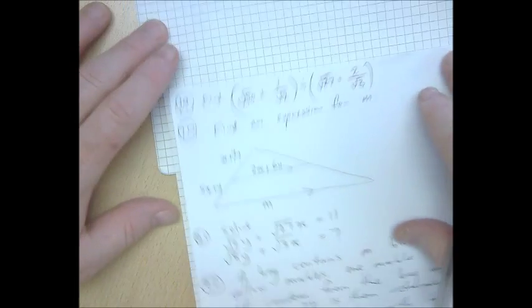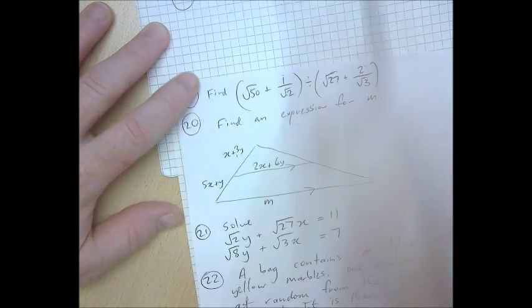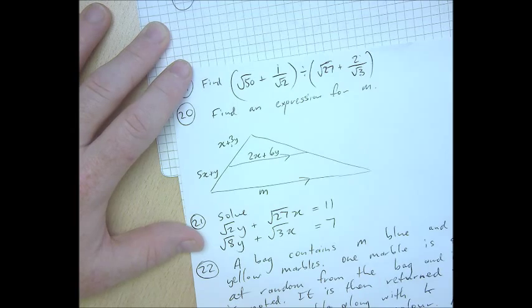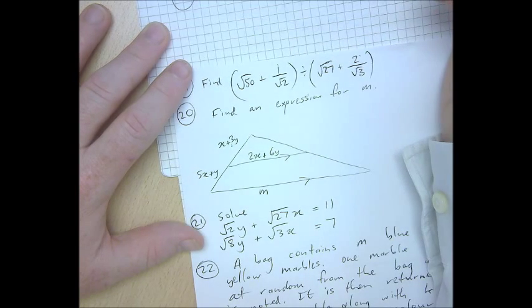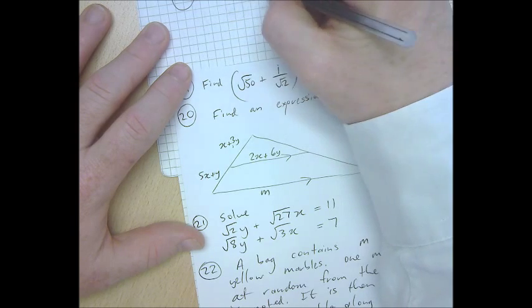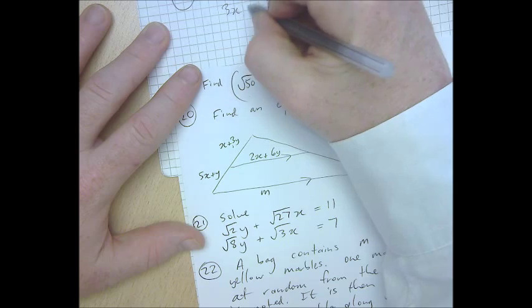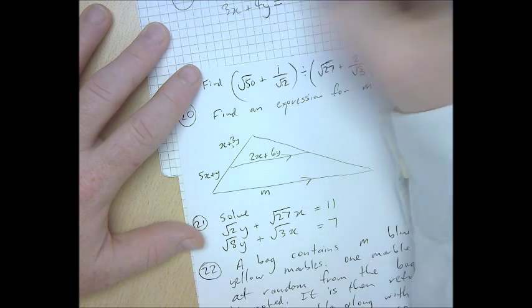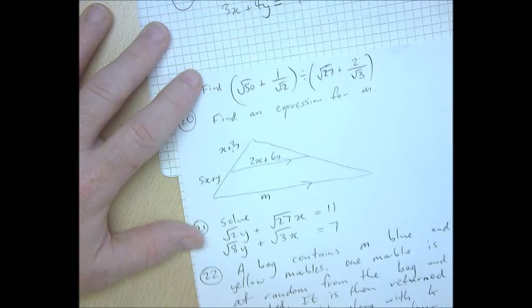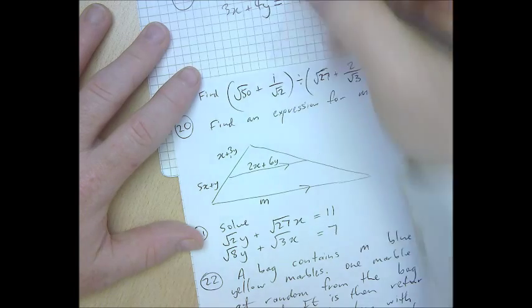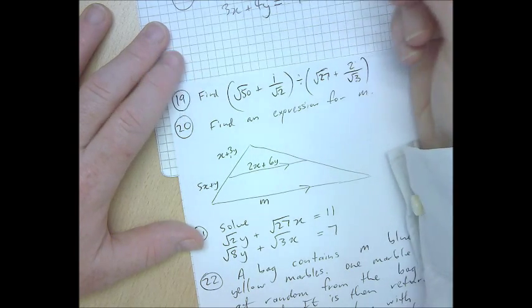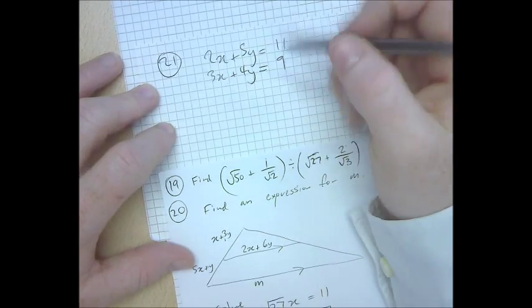Okay, question 21. Simultaneous equations. Okay, so simple version of the problem. So what do I try to do? I try to get a match so that I can do 3 additions or 3 subtractions and thereby see something disappear.